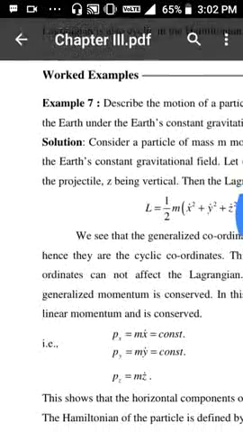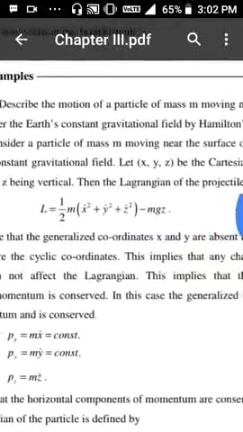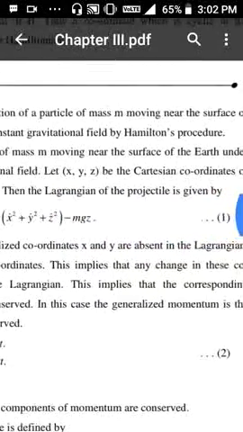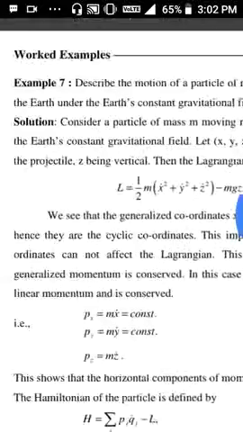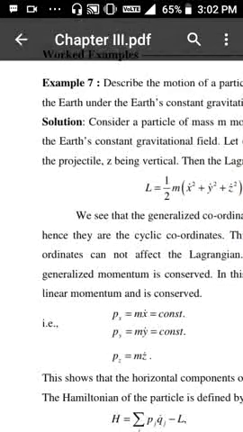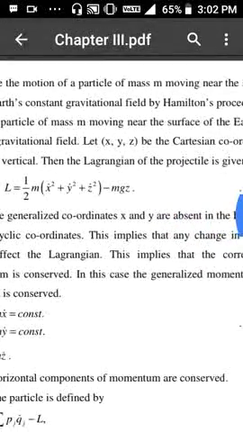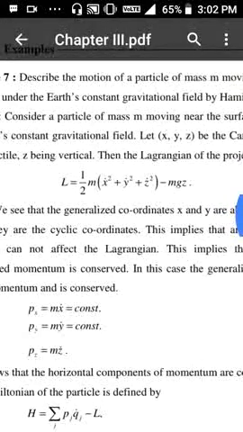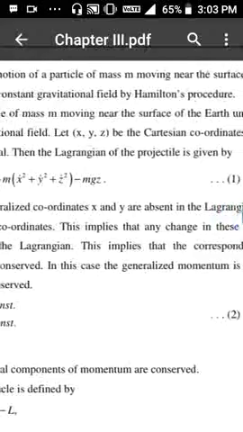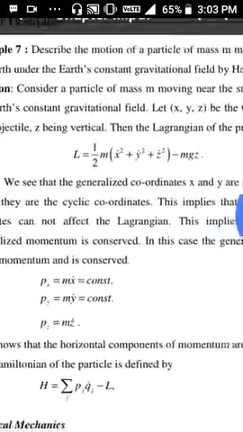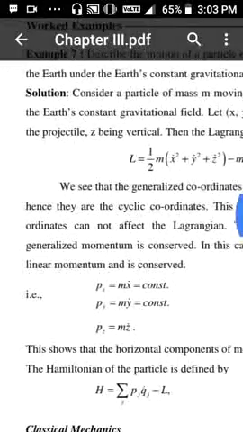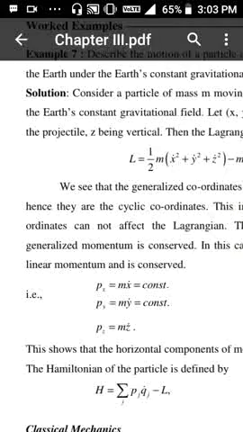Next example: describe the motion of a particle of mass m moving near the surface of the earth under the earth's constant gravitational field by Hamilton's procedure. Solution: consider a particle of mass m moving near the surface of the earth under the earth's constant gravitational field.